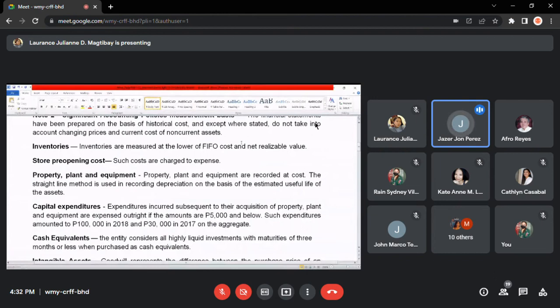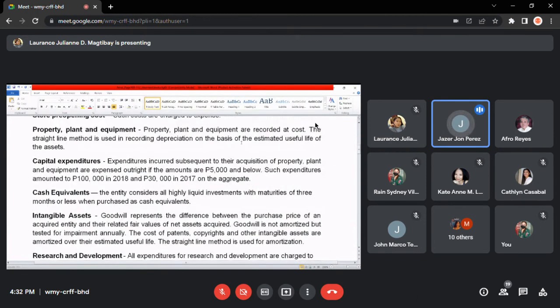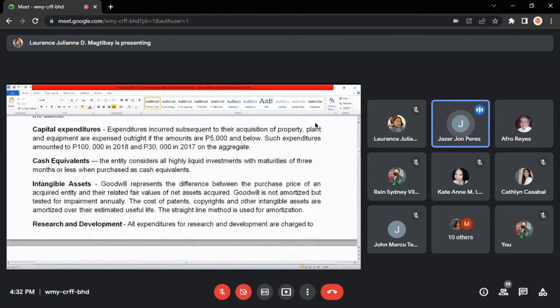And the process of expensing an asset with a longer period of time, expenditures incurred subsequent to their acquisition of property, plant, and equipment are expensed outright if the amounts are 5,000 pesos and below. Such expenditures amounted to 100,000 in 2018 and 30,000 in 2017 on the aggregate.